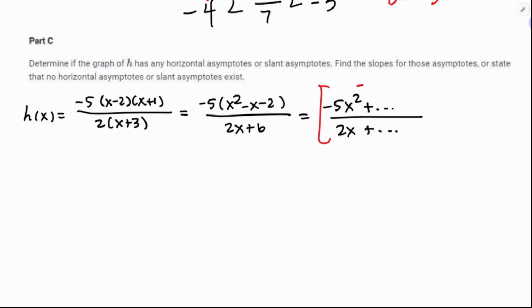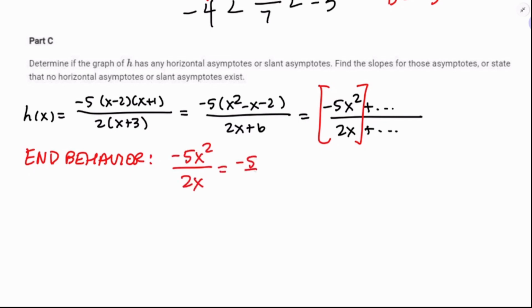Okay, so we look at the end behavior. We take -5x squared over 2x, and that's -5/2 of x. Okay, we know that the actual slant asymptote is going to be parallel to the graph of y equals -5/2 x, which, back in geometry, you could have told me means the slope is -5/2.